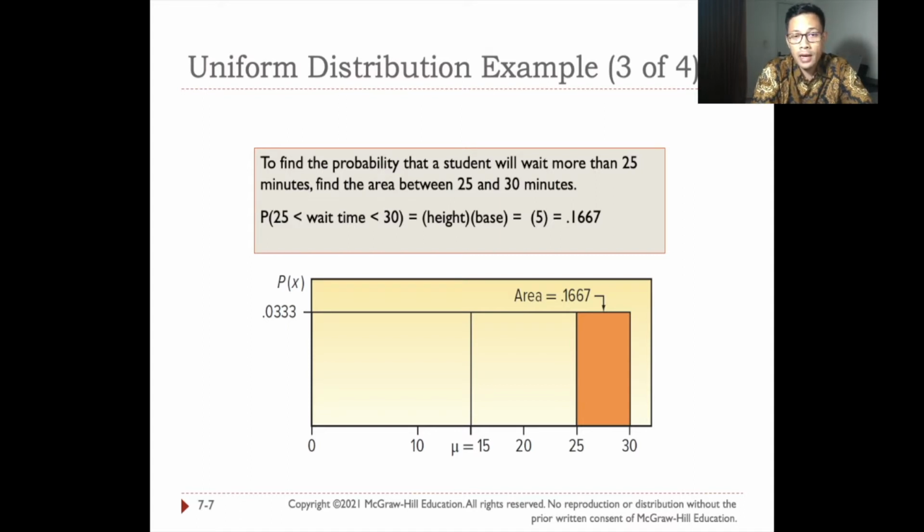That is just the height multiplied by the base. The base is 5, and the height is 1 over 30. So the probability that a student will wait more than 25 minutes is 0.1667.